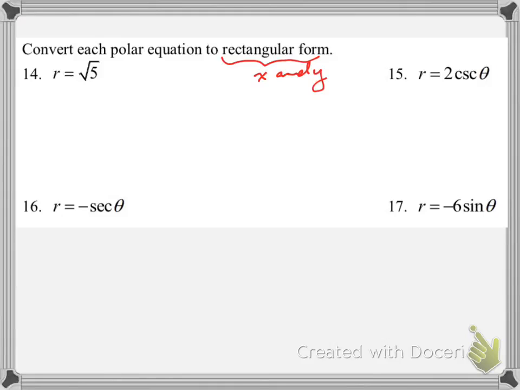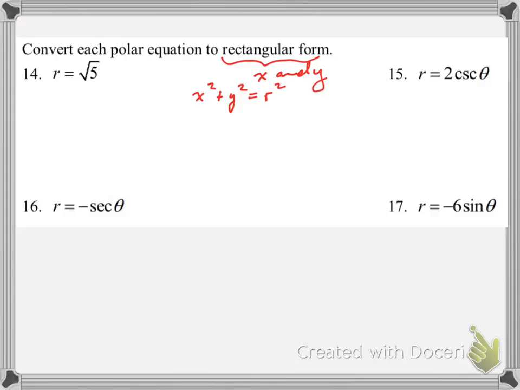All right, so one of the things that we should remember from pre-cal and algebra 2 is that x squared plus y squared equals r squared is the equation of a circle. And so when we're dealing with polar equations, we're dealing with rotations, and circles are a part of that.